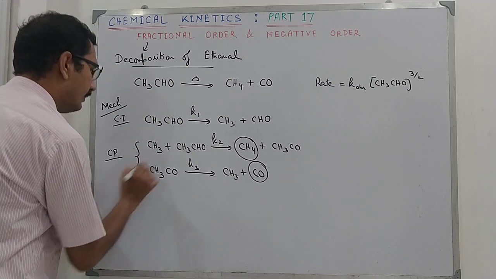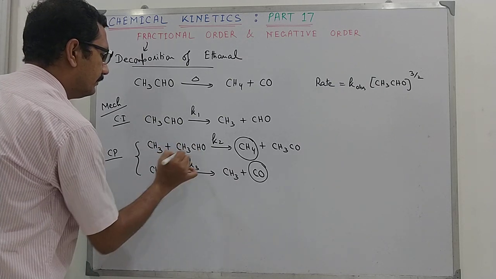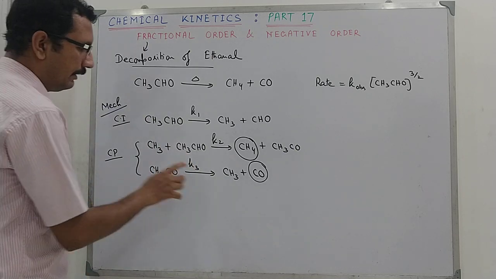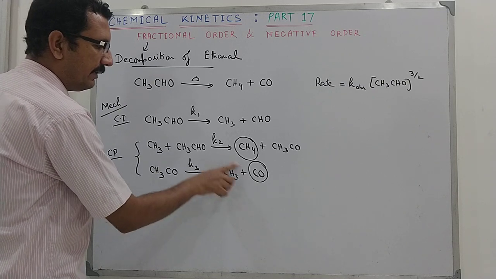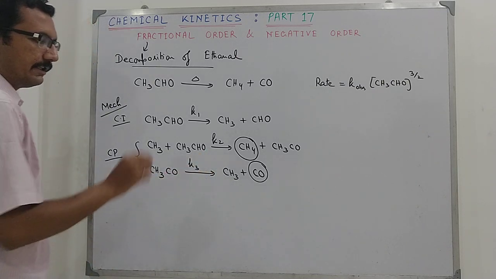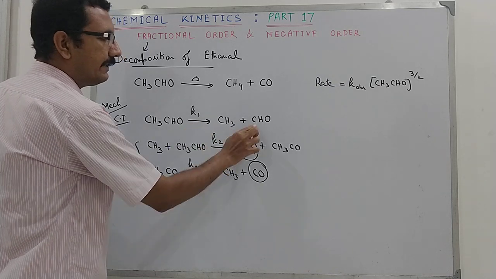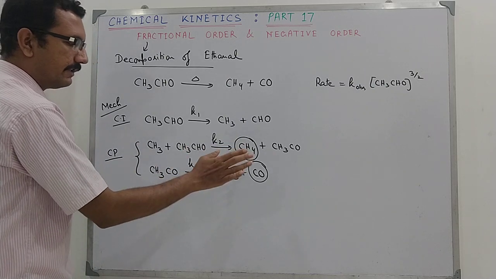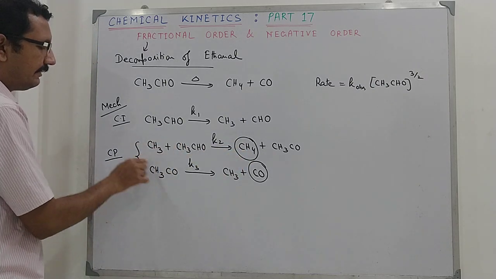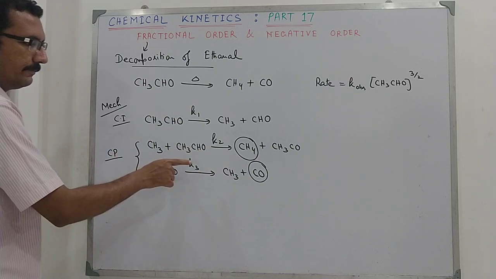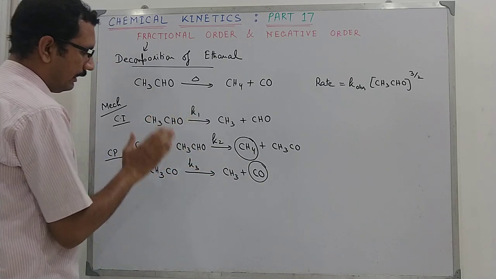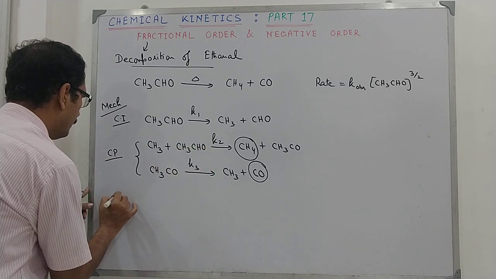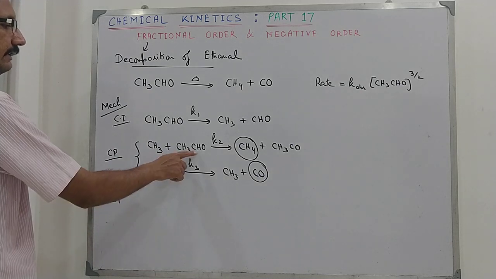Now when the system is short of acetaldehyde, then what will happen? This CH3 will remain in the reaction vessel. Now in the initiation step you have CHO. This CHO will combine with CH3 in some of the steps and will give you acetaldehyde, which will enter into the chain propagation step. Now at the end of the reaction you will get only these CH3 molecules, which will not find any other ethanol molecule.